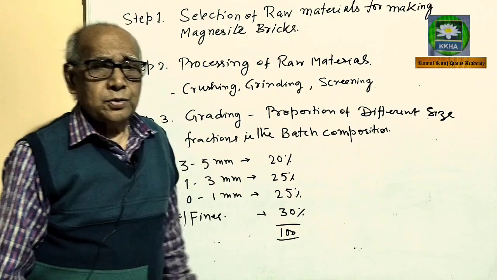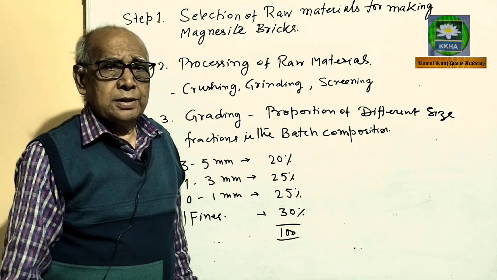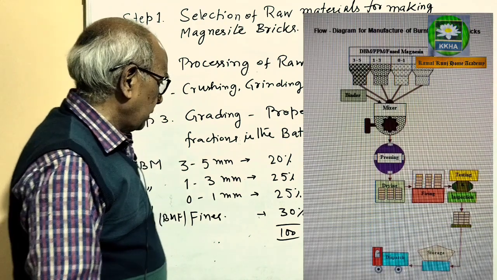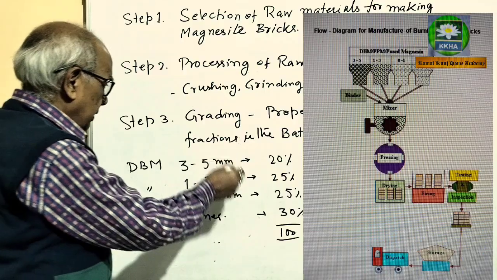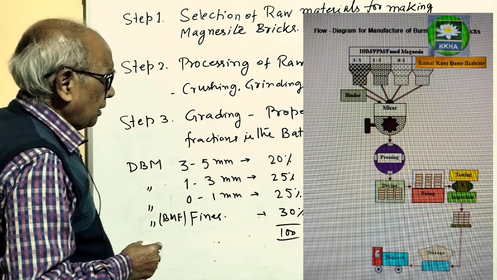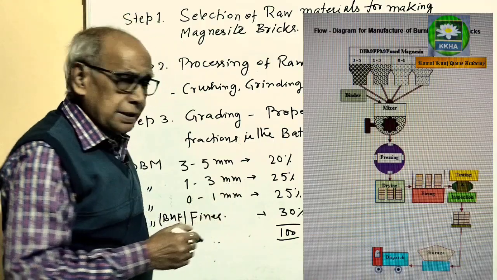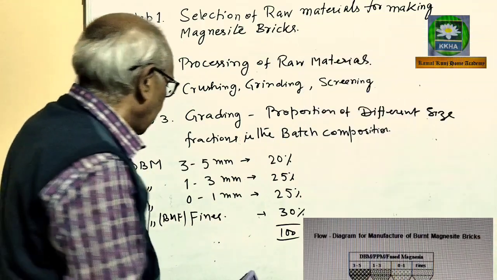Now the figure shows different steps in the manufacture of burnt or unburnt magnesite refractory bricks. Now batch is made according to these gradings.